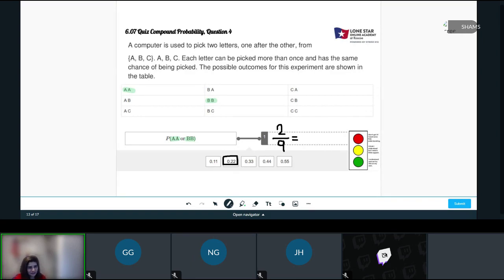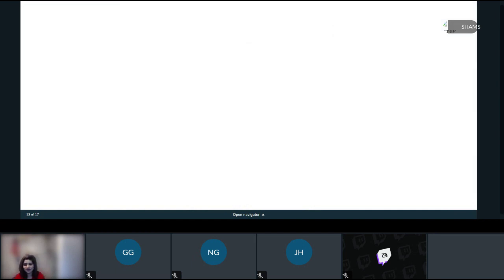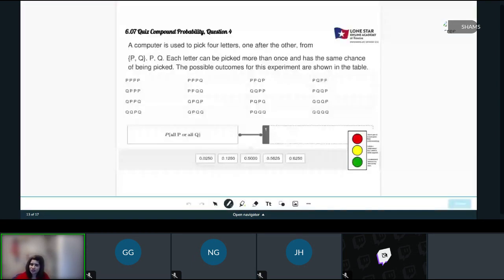Next one is another very similar one. Here it says a computer is used to pick 4 letters, one after the other, from P and Q. Each letter can be picked more than once and has the same chance of being picked. The possible outcomes for the experiment are shown.